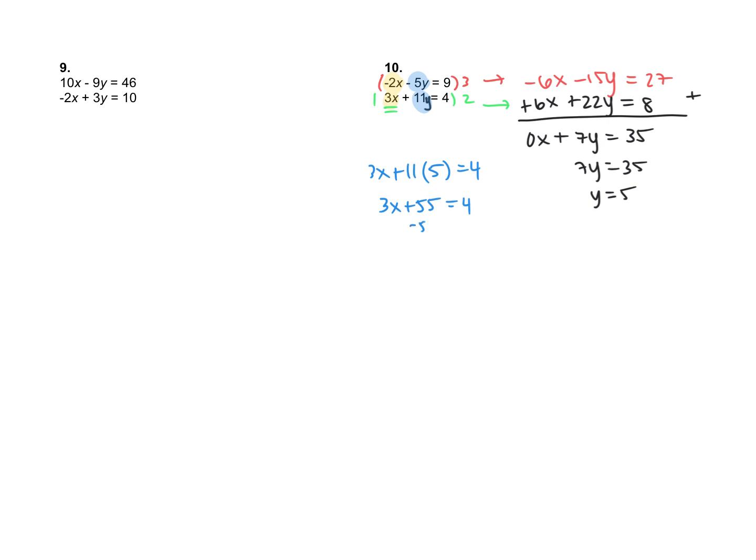If I subtract 55, we get 3x equals negative 51. Does anybody know off the top of their head what 51 divided by 3 is? 17. It is. Wow, good. Very good. Negative 17. So we get then negative 17 comma 5.